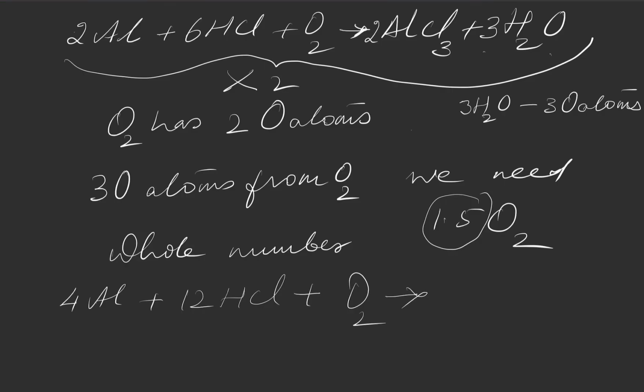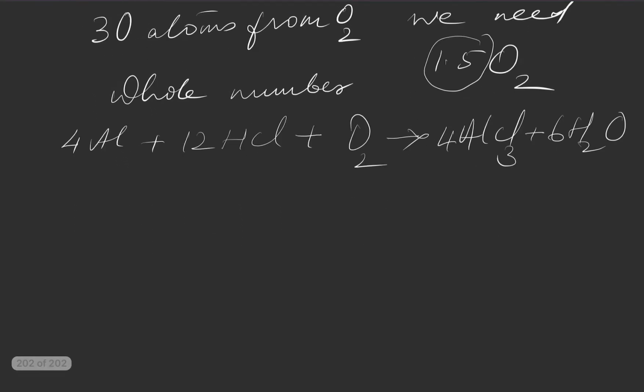And 2 into 2, 4 AlCl3 plus 3 into 2, 6H2O. You can see that here on the product side, we have 6 oxygen. And here we have 2.